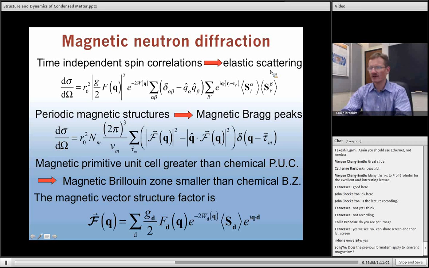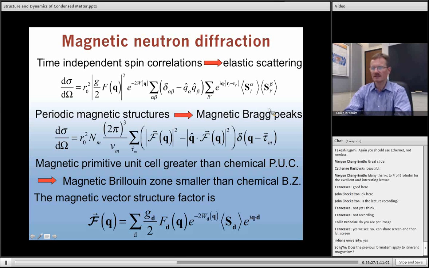And the corresponding expression is written below, and it ends up being simply a spatial Fourier transform of that spin configuration. You see, I've now lost the time indexes because I'm just looking at their time-averaged values. So the diffraction cross-section is simply a measure of the spatial Fourier transform of the spin configuration.